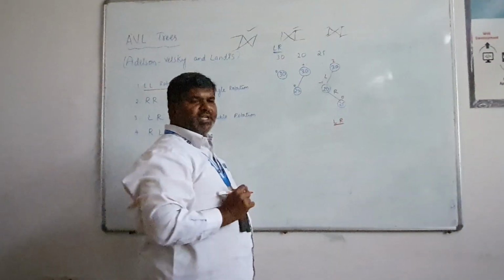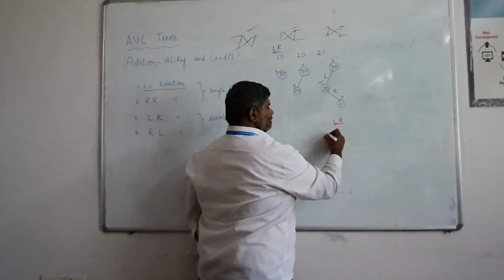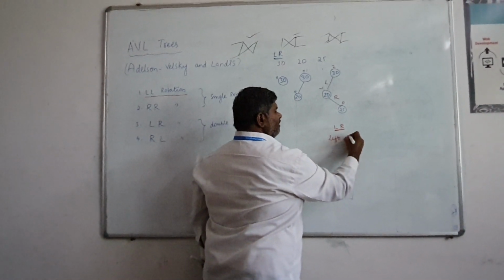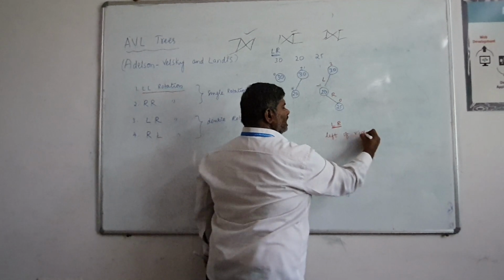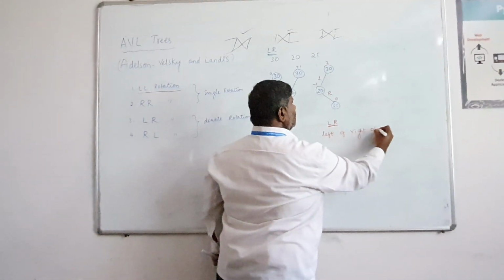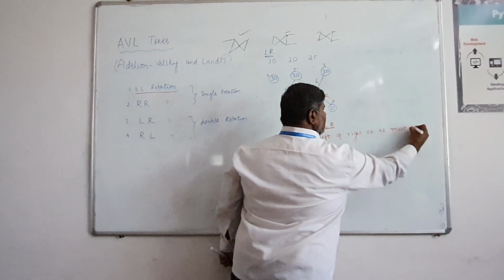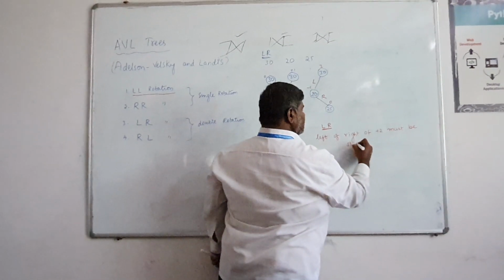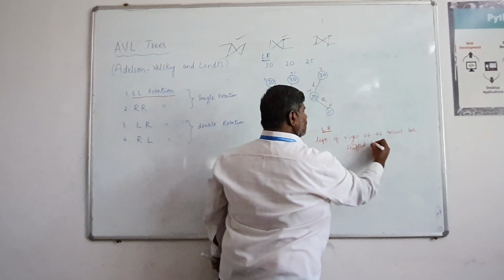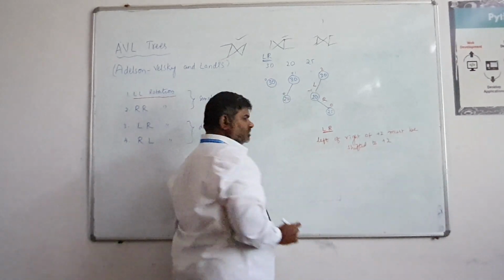So here we need to follow LR rotation. In LR rotation, what we need to do here is left of right of plus 2 must be shifted to plus 2.